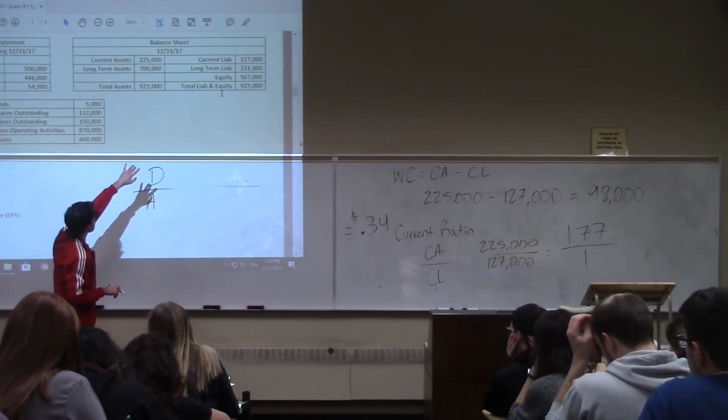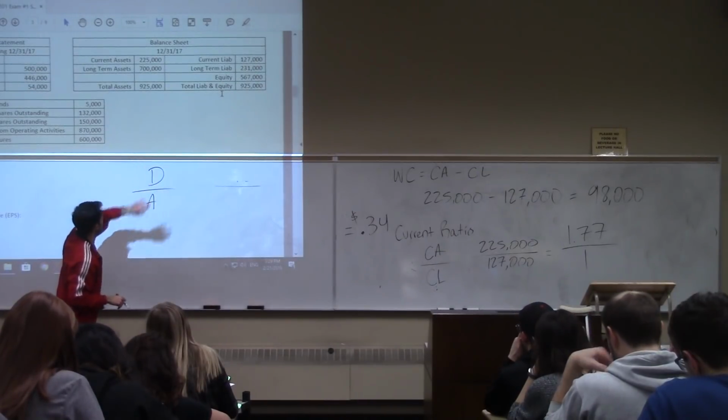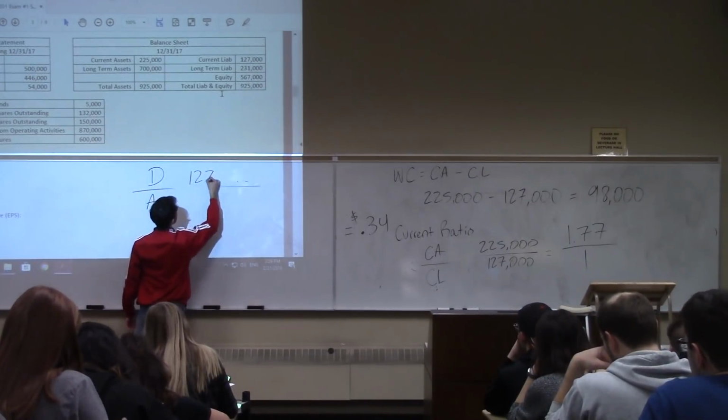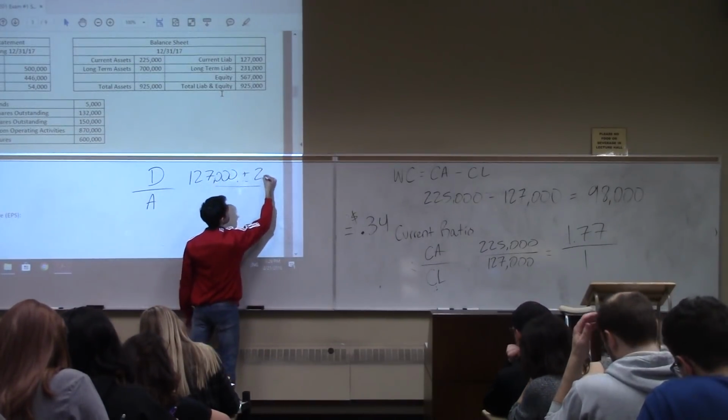Our total liabilities doesn't have a total column, so we'll take the current liabilities of 127 plus our long-term liabilities of 231.